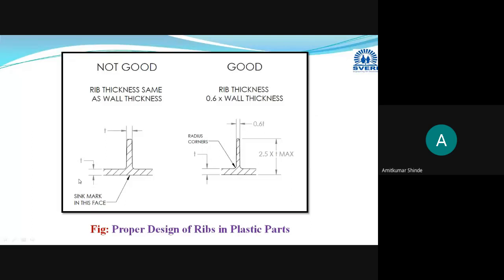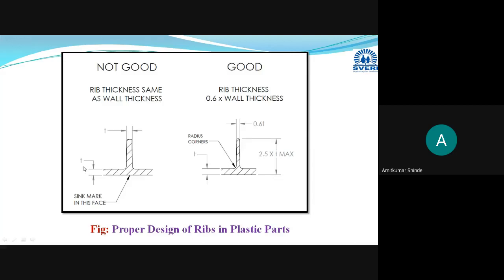Okay, suppose this is the wall thickness. This is the first diagram. Here it is showing the thickness of this rib, this is the rib and this is the adjacent wall, and the wall thickness is t.